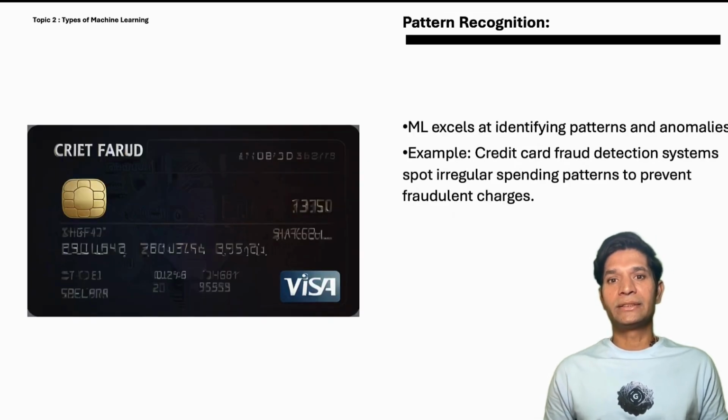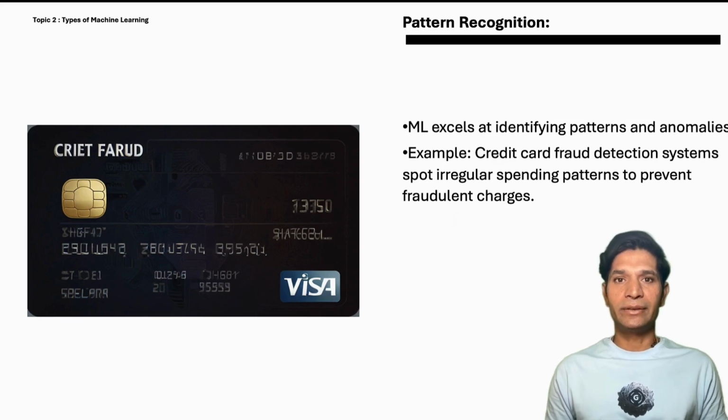Pattern recognition. ML does excel in identifying patterns and anomalies. Let's say you're a bank. Credit card fraud detection systems spot any irregular spending patterns. For example, you see that my credit card has been used predominantly to pay some bills for phone, some groceries nearby and everything.